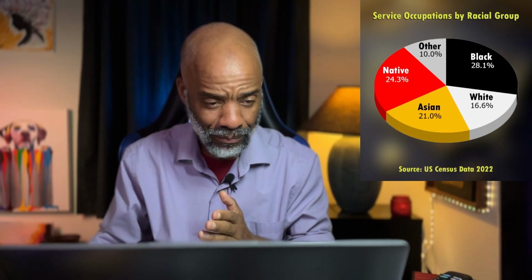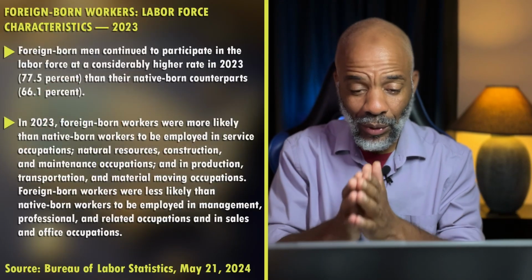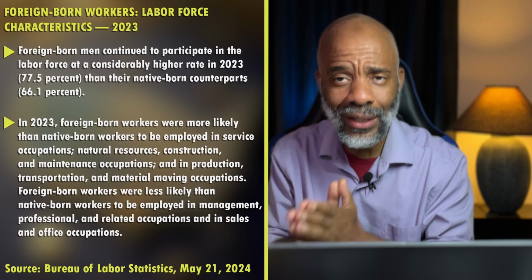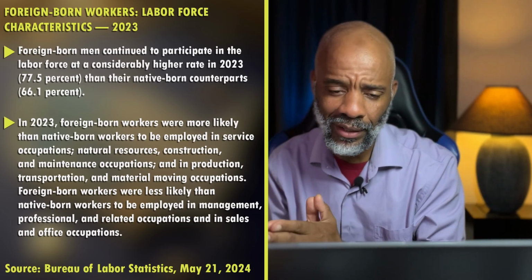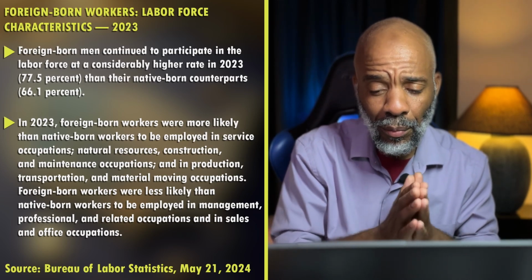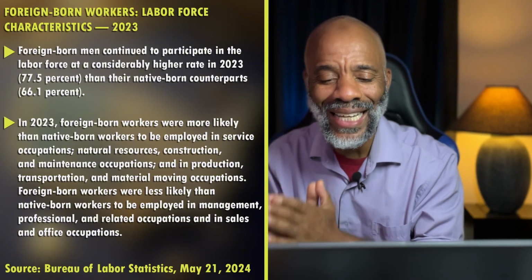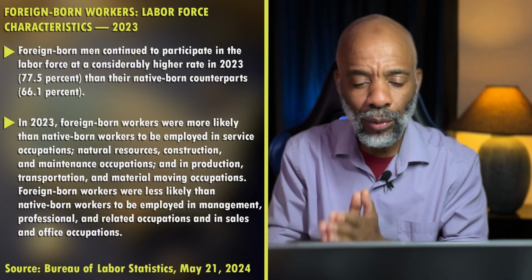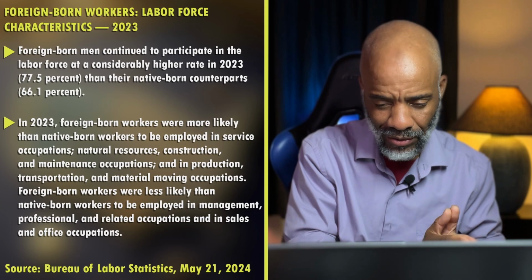And I've shown you the report by the Bureau of Labor Statistics. Let's go back to it, which says in 2023, not 1993, not 1850, in 2023, foreign-born workers were more likely than native-born workers to be employed in service occupations.